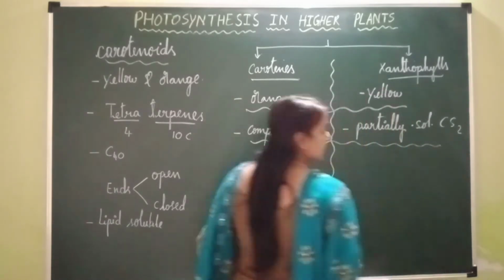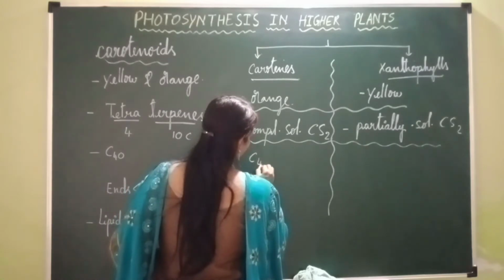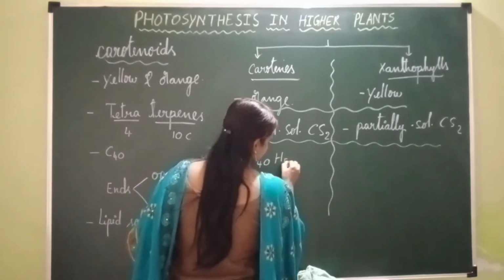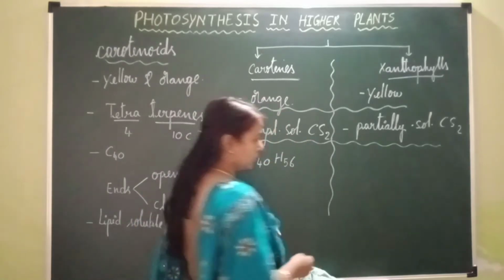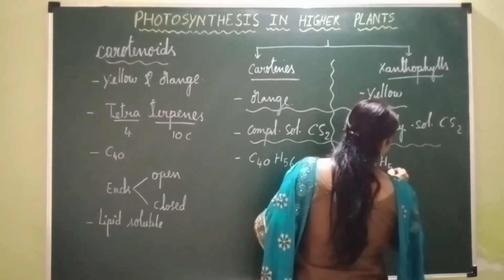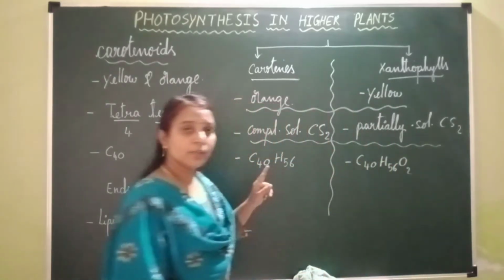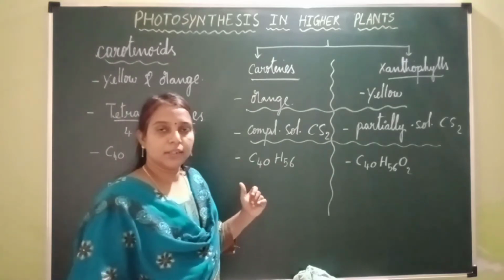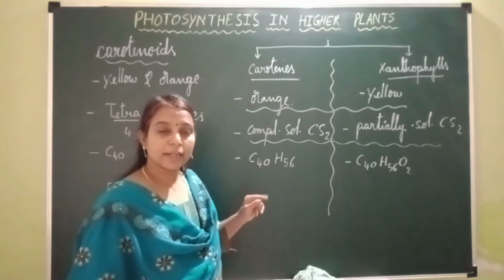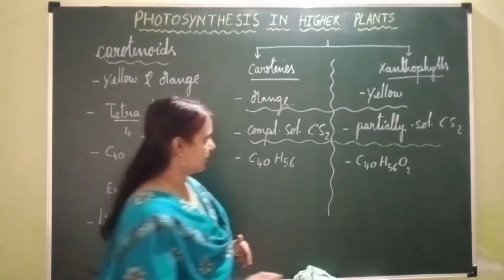The molecular formula of carotenes is C40H56, whereas the molecular formula of xanthophylls is C40H56O2. So xanthophylls consist of oxygen, whereas carotenes have no oxygen. Xanthophylls are also called oxygenated carotenes or oxygenated carotenoids.